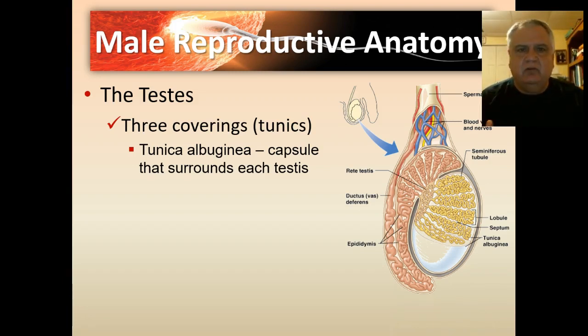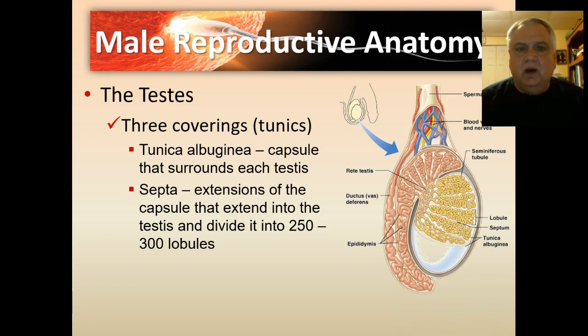We've been looking at this with the lymph nodes and the kidney: there's always a fibrous covering that covers the organ and separates it from its environment. That's what the tunica albuginea does. It's called albuginea because this capsule is white.